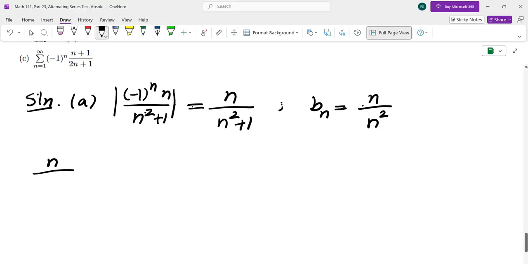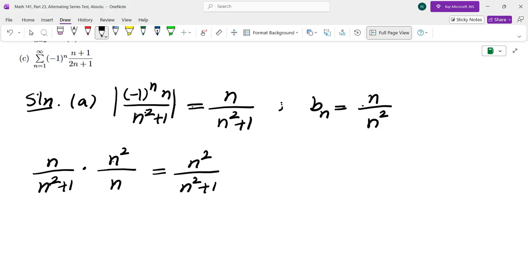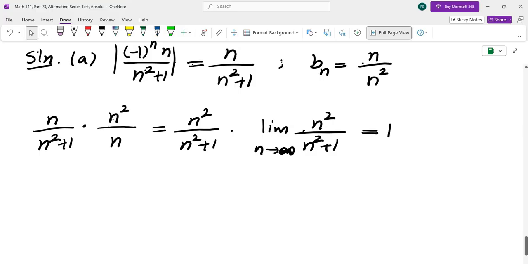So we're going to take n over n squared plus 1, and we're going to divide by n over n squared. So that's n squared over n squared plus 1. Now we're going to take the limit of n squared over n squared plus 1 as n approaches infinity. Well, that is 1 because it's polynomial over polynomial, so we have to look at the leading term. Leading terms are the same.